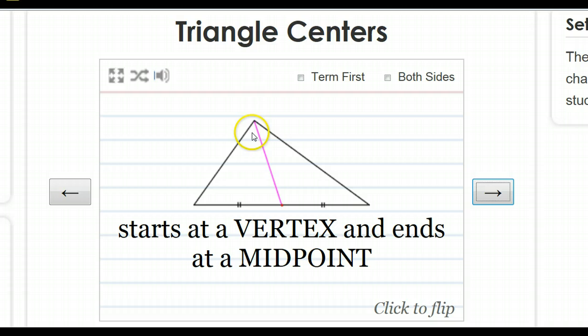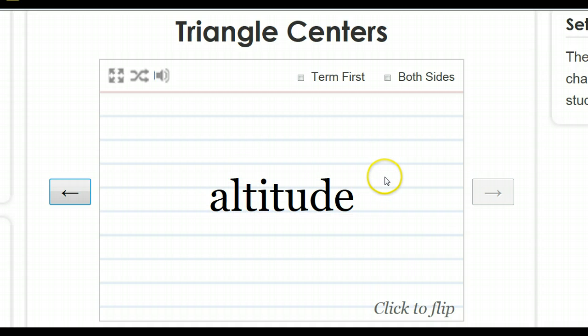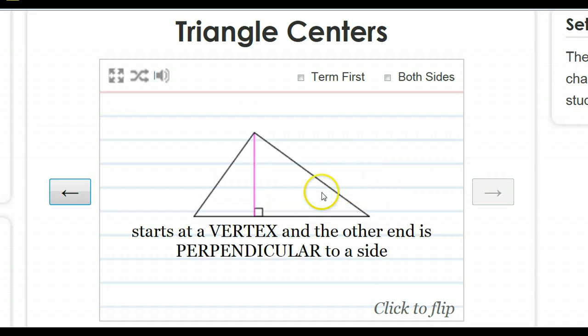A median goes from a vertex to a midpoint. Okay? And you can tell it's the midpoint, so this is the median. What is this a picture of? This is an altitude. An altitude goes from a vertex, and it has to be perpendicular to the opposite side. Okay? So make sure you know those words.